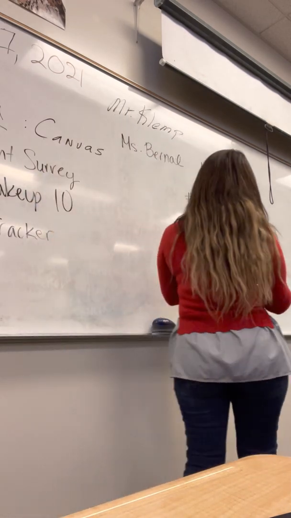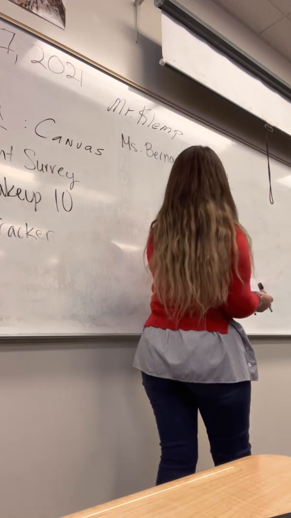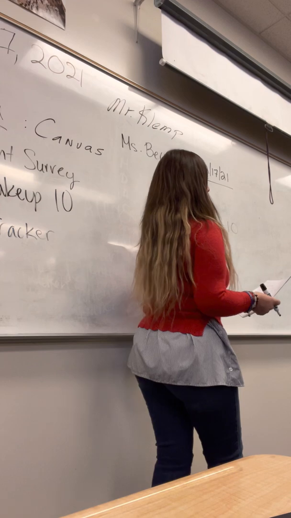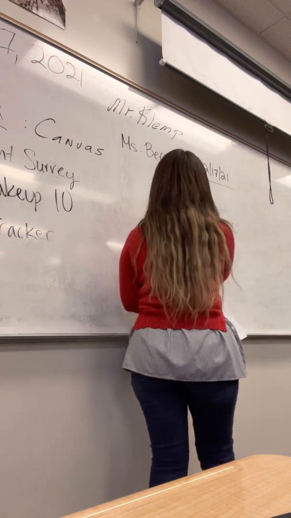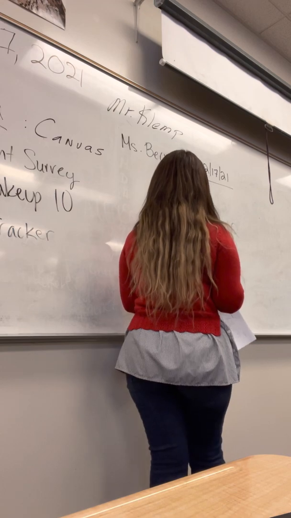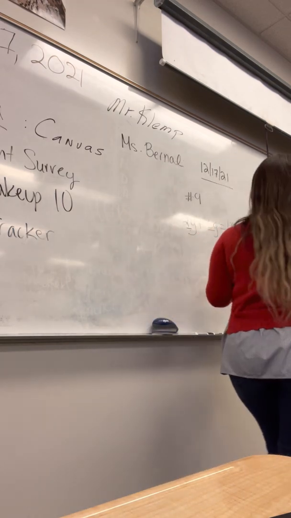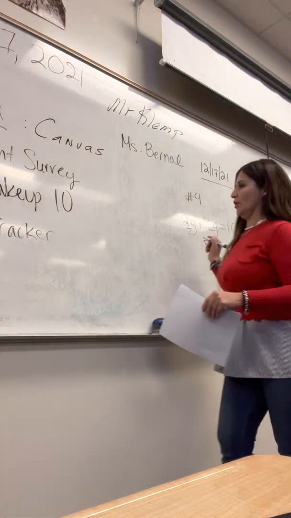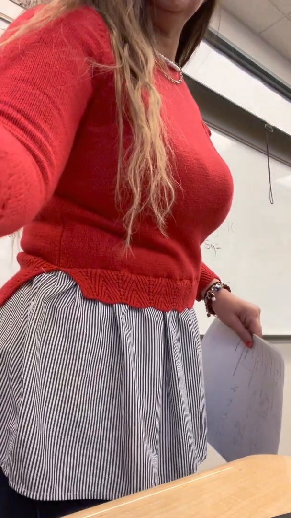Okay, so on here, we have 2y and 3y. Since they're on the same side of the equal sign, we're going to add 2 plus 3. So how much is 2 plus 3? It's 5y, right? So we get 5y equals 10.